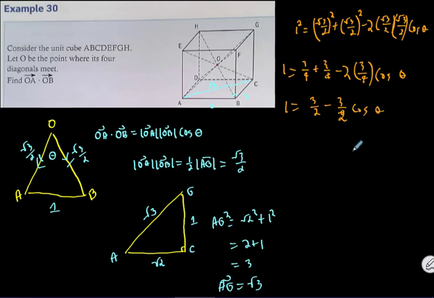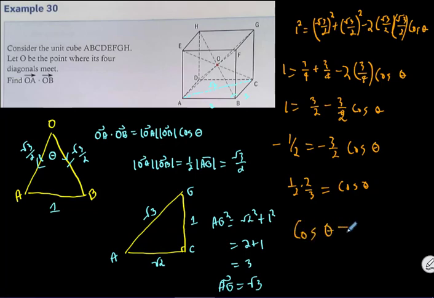Subtract 3/2, and I get negative 1/2 equals negative 3/2 cosine theta. The negatives cancel, and I multiply 1/2 by the reciprocal, 2/3, so cosine of theta is equal to 1/3. That's what I wanted to find out. I could have found the angle and plugged it back in, but I already know the cosine of theta is 1/3.